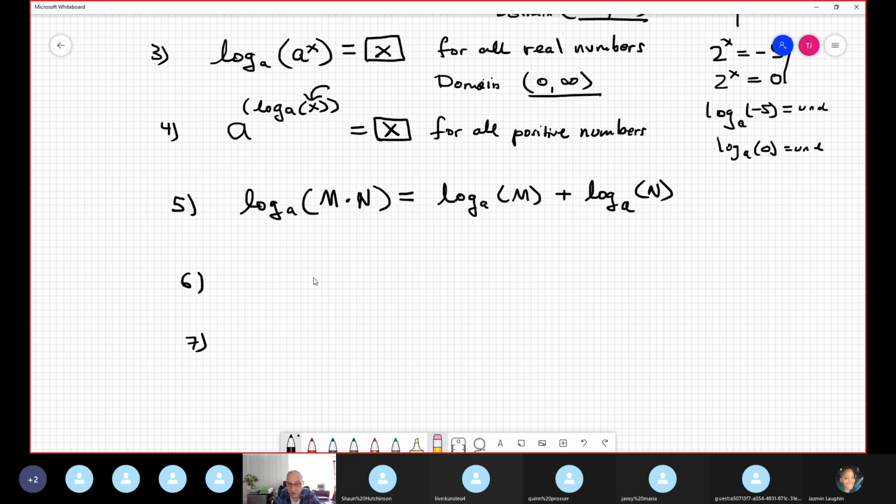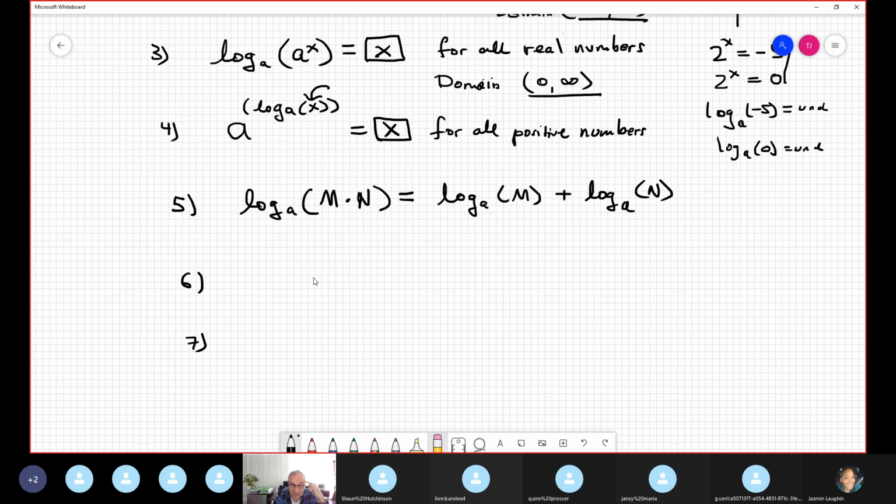The answer for the logarithm is the exponent. Remember, the definition: what exponent is necessary on the base in order to get a result? So the algebra behind the logarithm is the exponent, and when you multiply two things, you know very well that the exponents add. That is the reason that the logarithm, which is the exponent, becomes addition. So in your mind, associate multiplication inside the argument of the logarithm with addition.